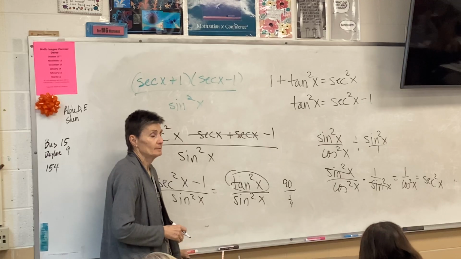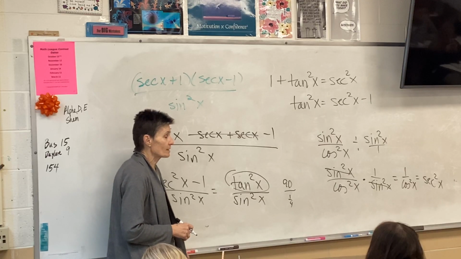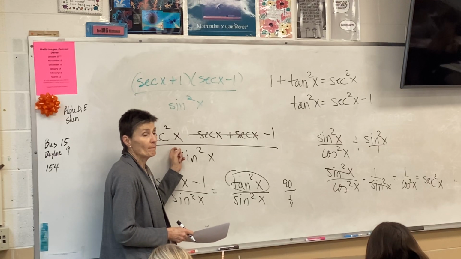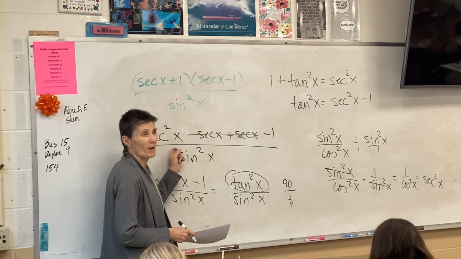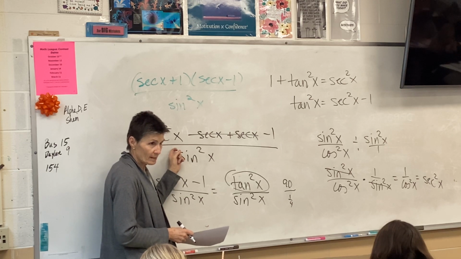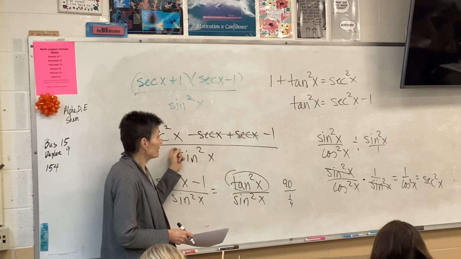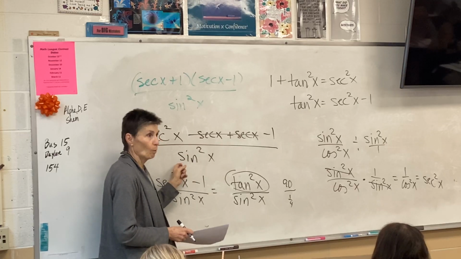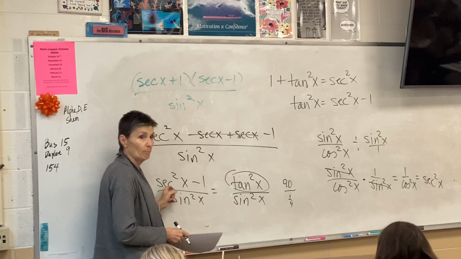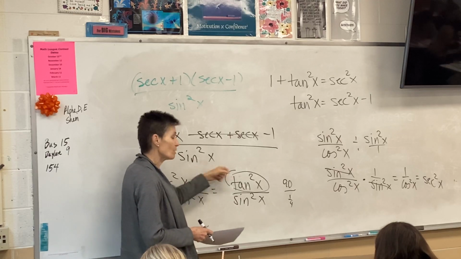Let's see what the next one holds. So let me go through those steps again. First thing, you FOIL. Remember, you get points for everything you do that's legit. Don't be making stuff up. But if you FOIL, points. If you notice, oh, like terms, points. Here's the tricky step.